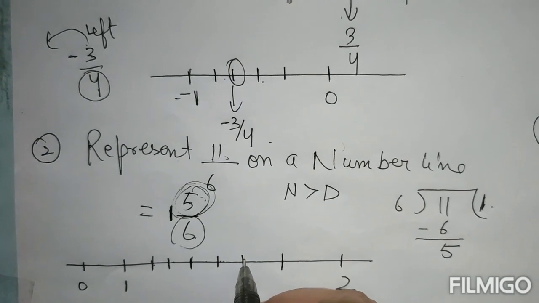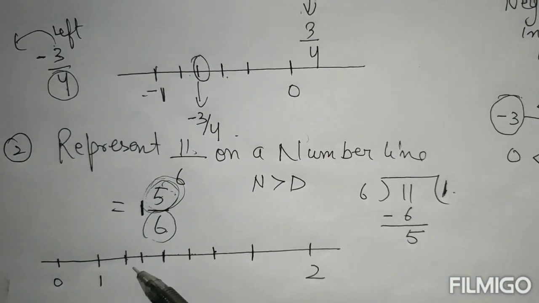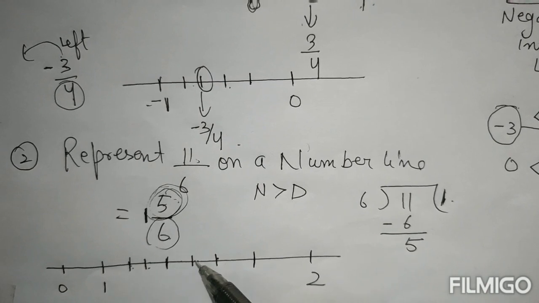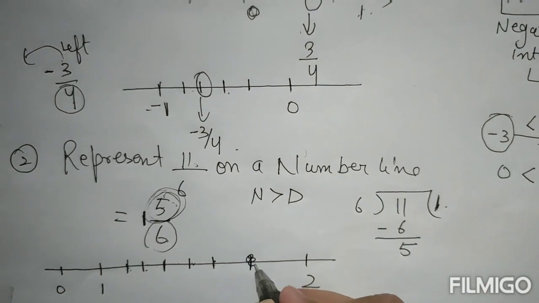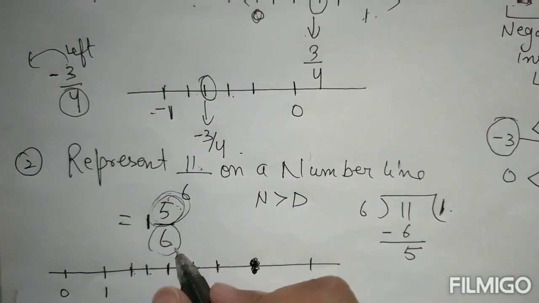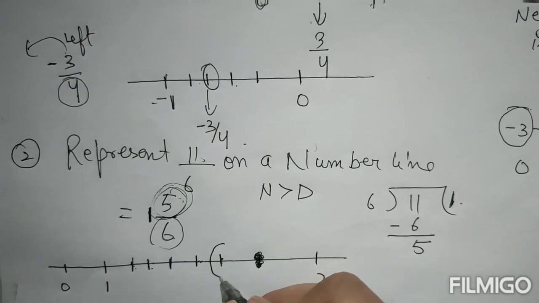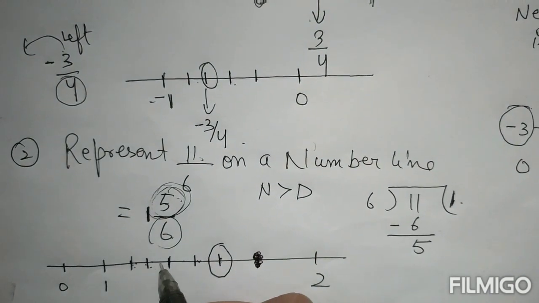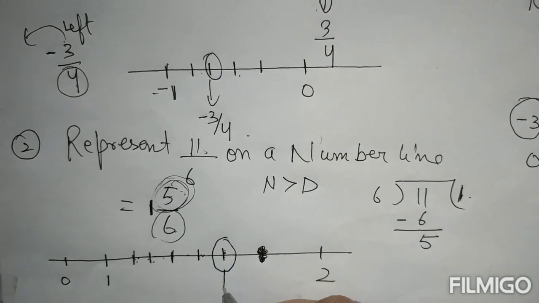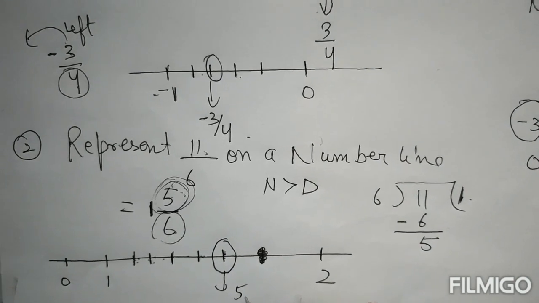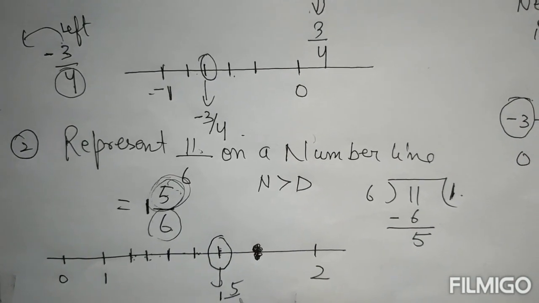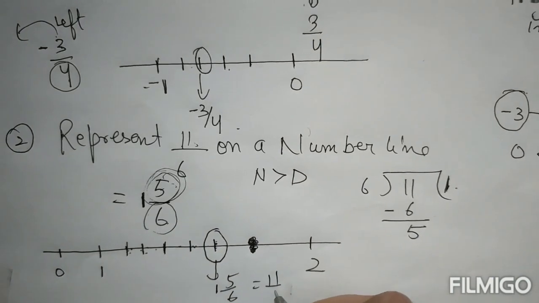One second, look here, 1, 2, 3, 4, 5 and this is 6. I have drawn it wrongly. Yes, now you have to represent 1, 2, 3, 4, 5. This will be your point 5/6. 1 5/6, that is 11/6.